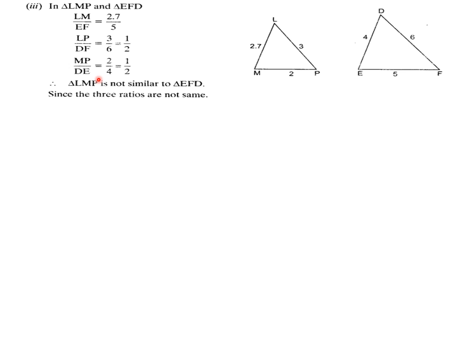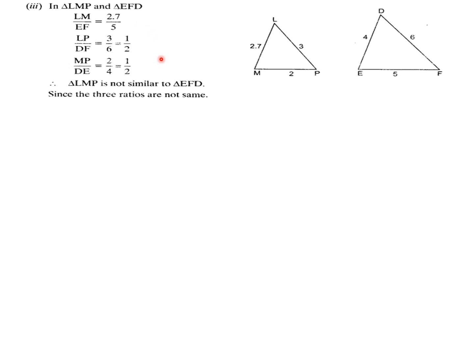Then MP by DE is equal to 2 by 4, which is again half. So we can see that we have a relationship between these two corresponding sides or ratios, but the third one is not equal to the other two. So therefore we have to skip it.